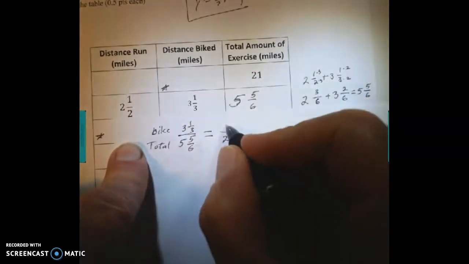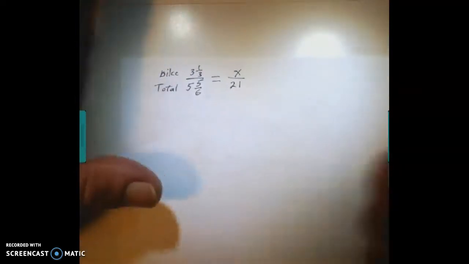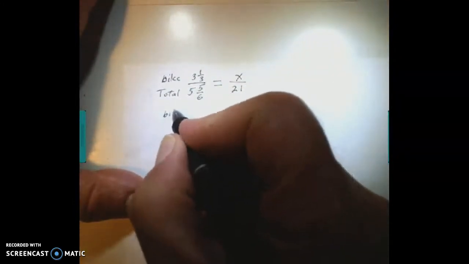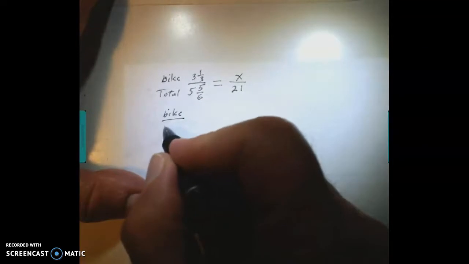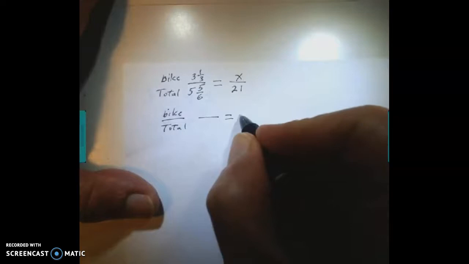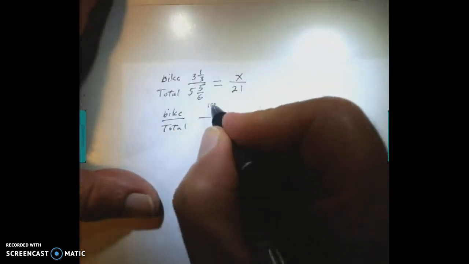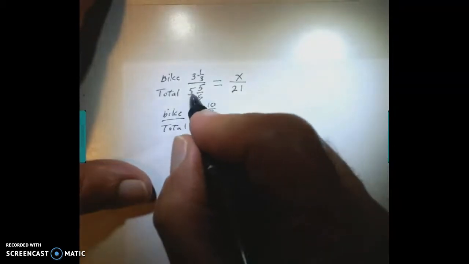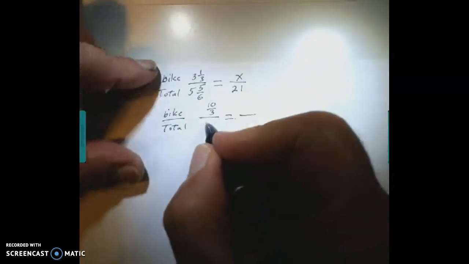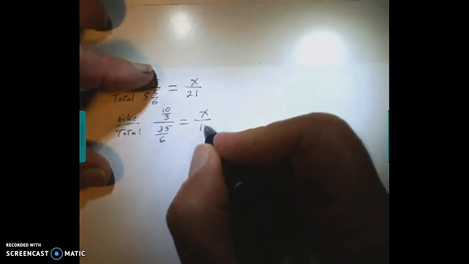I'm looking for how much the distance was that was biked. So now there's my proportion. Make these into fractions greater than 1. Three times 3 is 9 plus 1, 10/3. 5 times 6 is 30 plus 5, 35/6. And on this side, that's just x and 21.